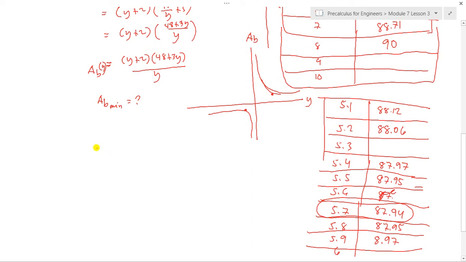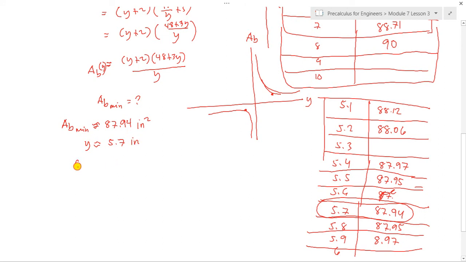So we have here the minimum area of the paper is approximately 87.94 based sa ato ang manual calculation, that is square inch, and then the corresponding dimension of y is approximately 5.7 inch.